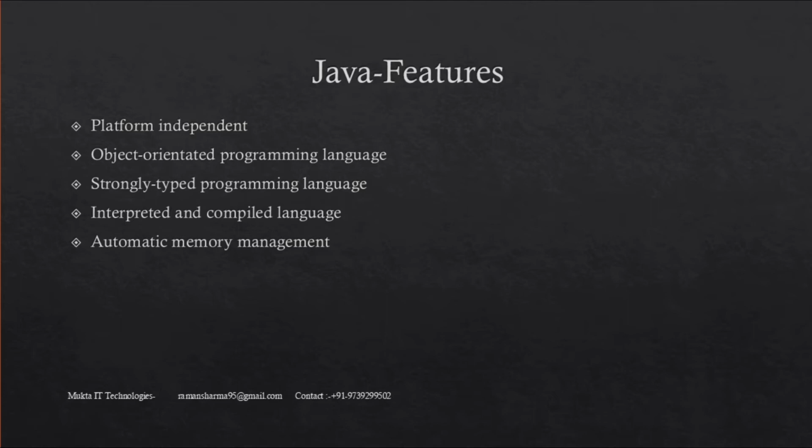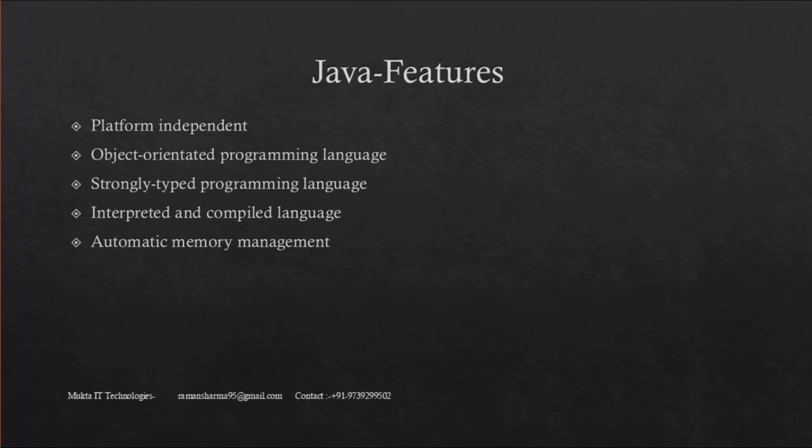It is an interpreted and compiled language. Java programs are first compiled with the javac command and then interpreted with the java command. These commands we will see when we put our hands on Java applications.